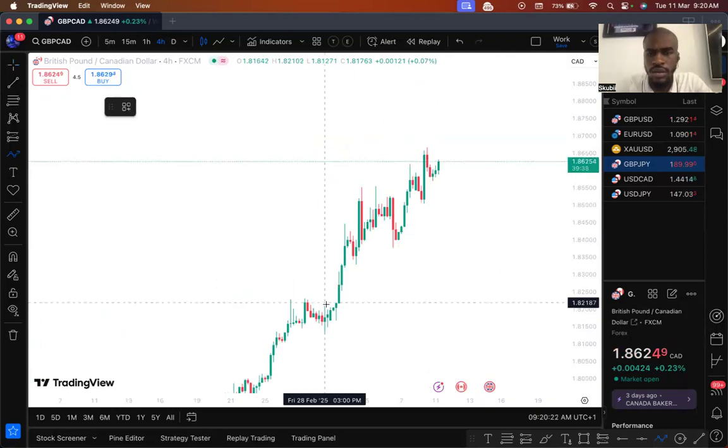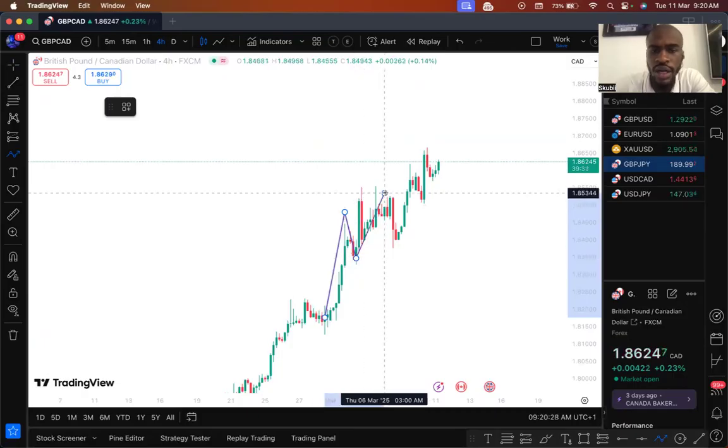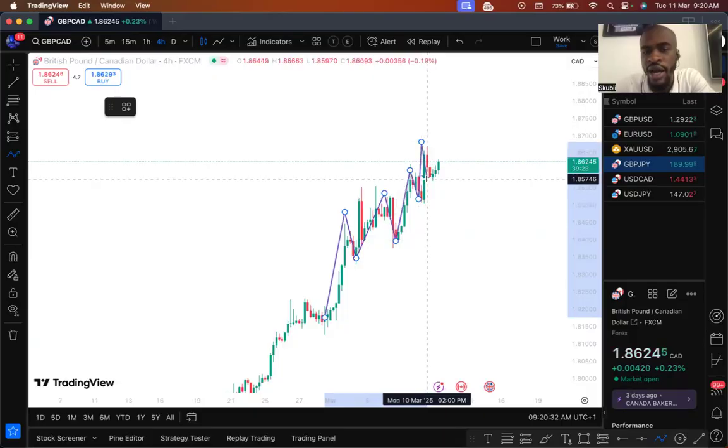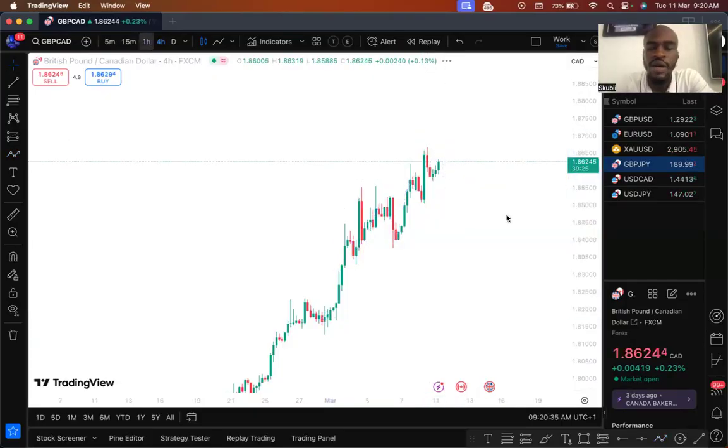Price has been creating a series of higher highs, higher lows, higher high, higher low, and then price just created a higher high, higher low, and then it's pushing up for another higher high. So let's drop to the 1 hour time frame and then see what opportunities we could get.